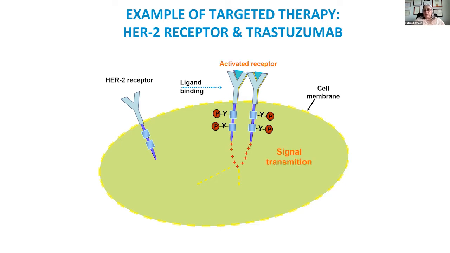And when they go inside the cell, they tell the cell to grow and also not to die, because normally our normal cells, they are born, they grow, they have a function, and then they die. It's a natural evolution of our cells.